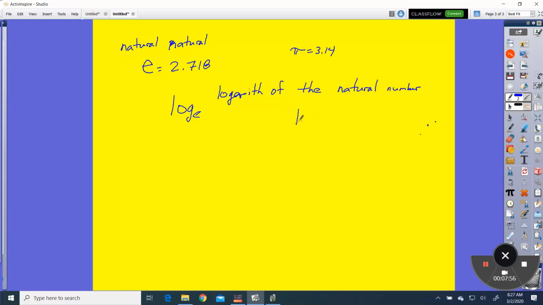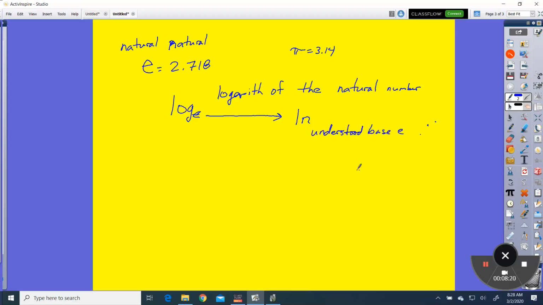So instead, they said, let's just call it ln. So ln means we have log base e. So logarithm of the natural number. That's why it's ln. Okay? So ln means we have an understood base e.